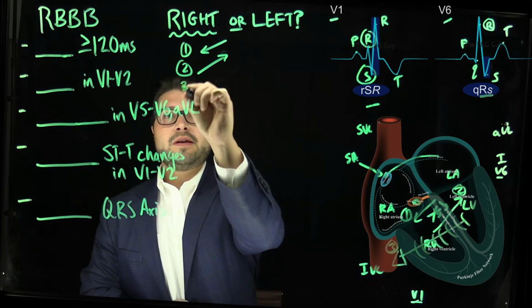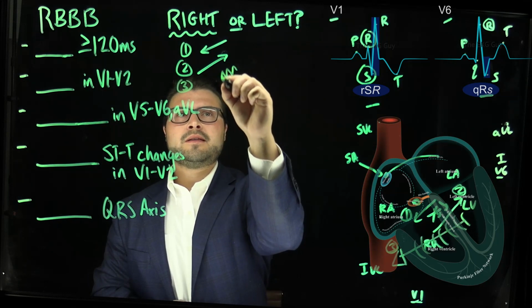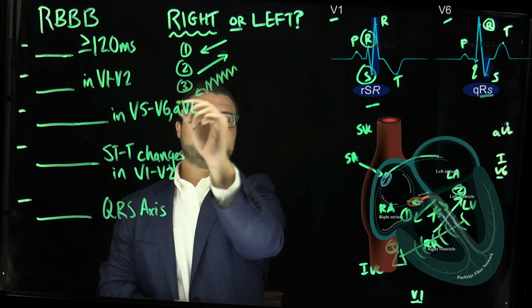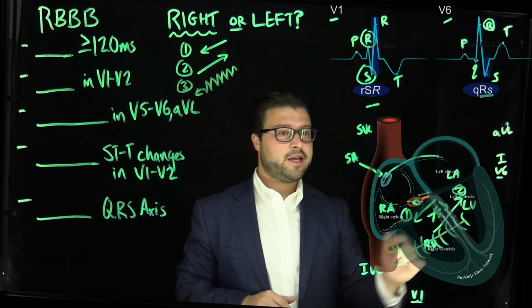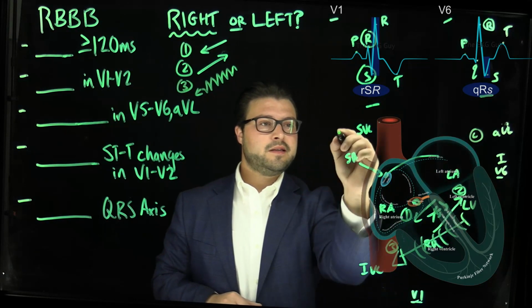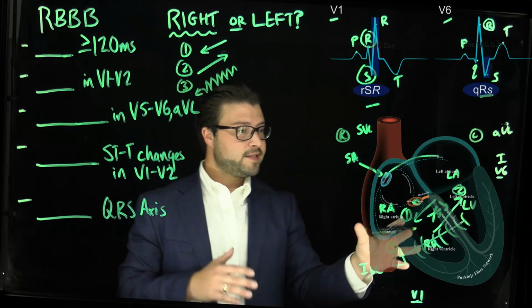And so the third and final vector is essentially a slow one. I'll draw it like this, and it's going from left to the right, okay? Remember, this over here is the left side of the heart, and this over here is the right side of the heart, okay? So that's that final vector.